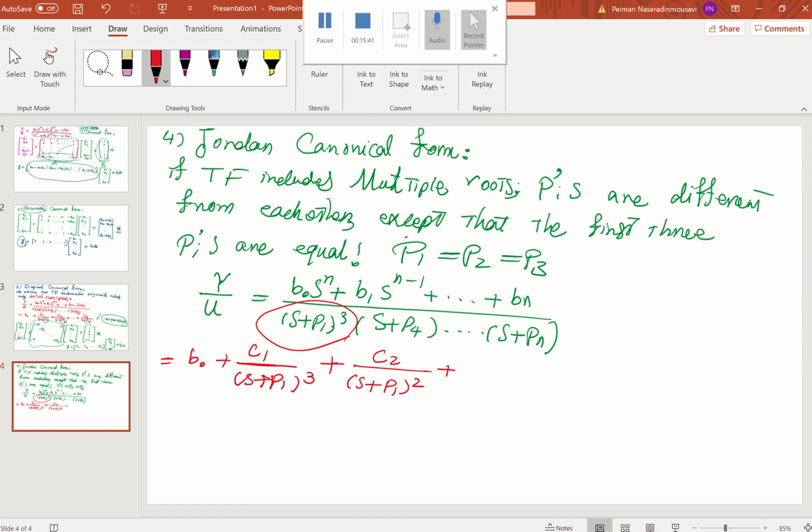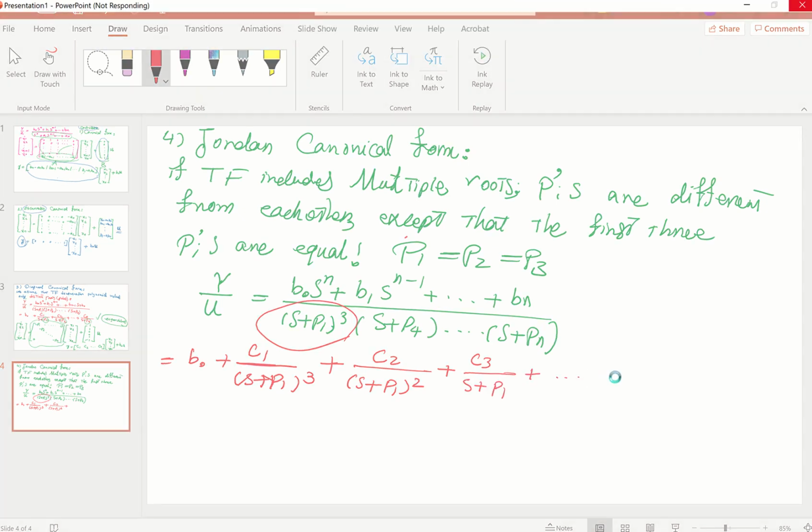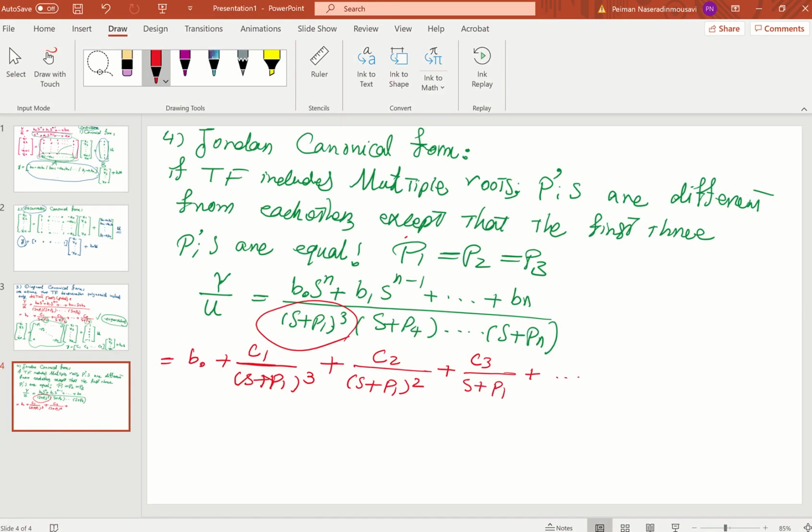This is how you decompose repeated poles of a polynomial. C3 over s plus p1, plus finally Cn over s plus pn.